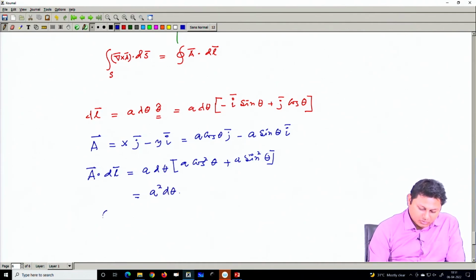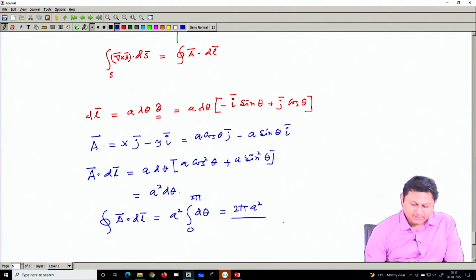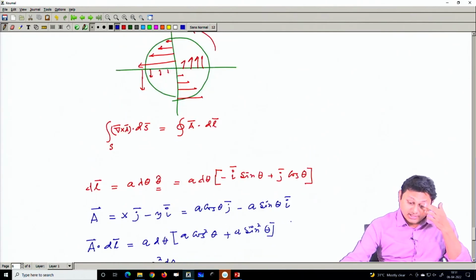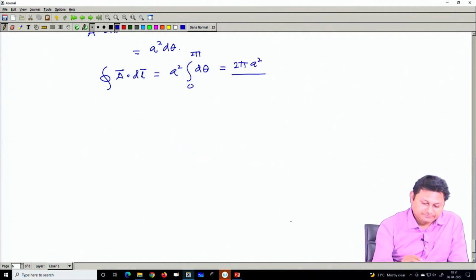Now, if I make a closed line integral of A dot dl, it should be a squared times the integral of d theta ranging from 0 to 2 pi. So, my result should be simply 2 pi a squared. That is the value I am getting when we calculate the closed line integral for the given circle.